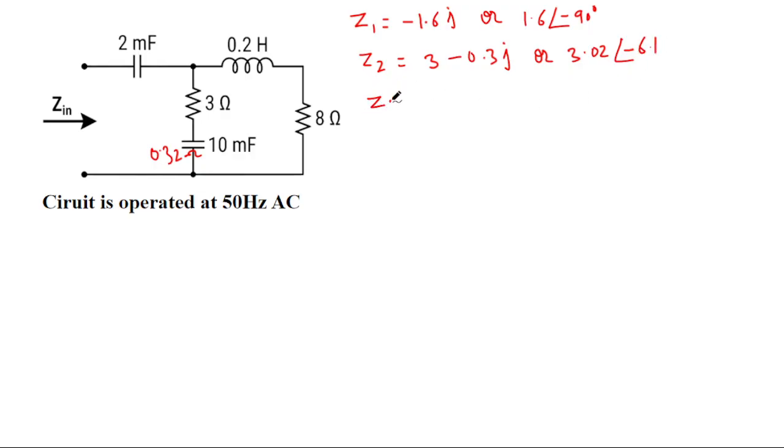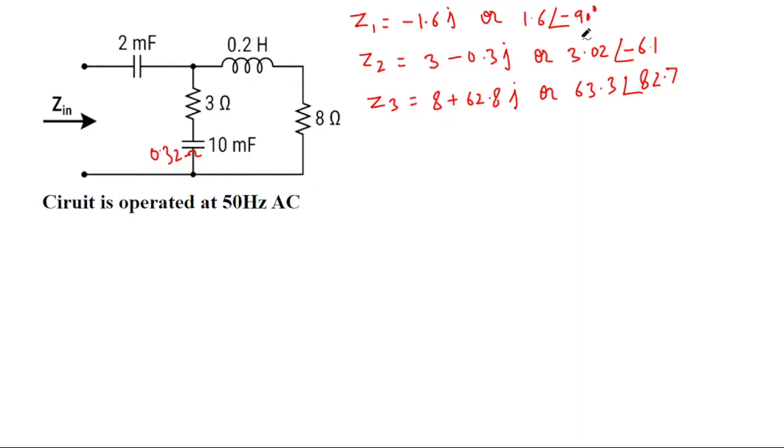And Z3 is an 8 ohm resistance, plus the inductance, which always comes in as positive, 62.8 multiplied by j. It is a complex quantity, and it can be written in polar form as 63.3 at the angle of 82.7. So now you must know that impedances can be written in rectangular form and polar form.